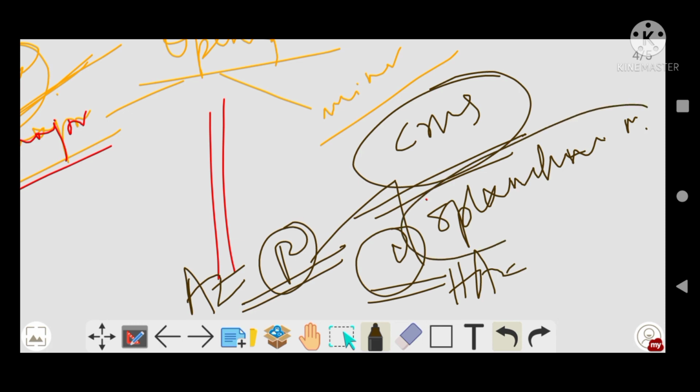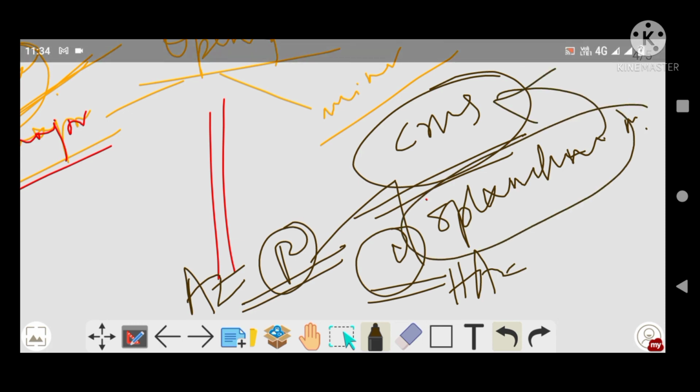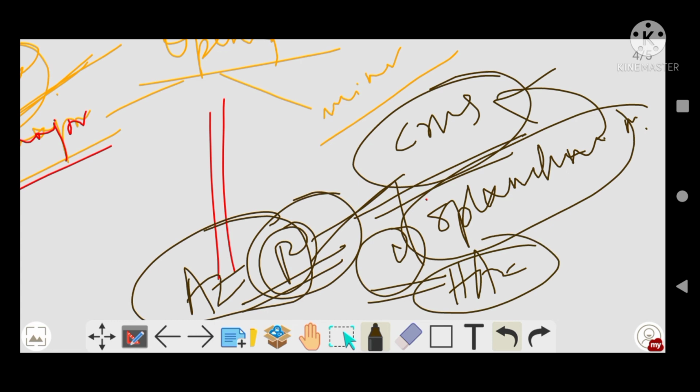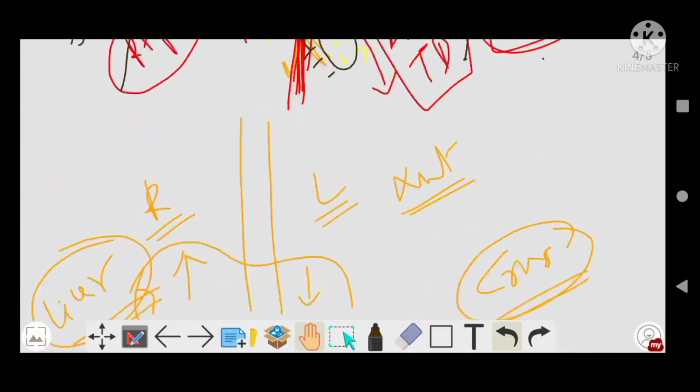So altogether, splanchnic nerve supplies the crus of diaphragm, and the right crus gets supplied from azygous vein, and hemiazygous vein supplies the left crus. Just remember all these points, and I hope this will be fair enough for this topic.